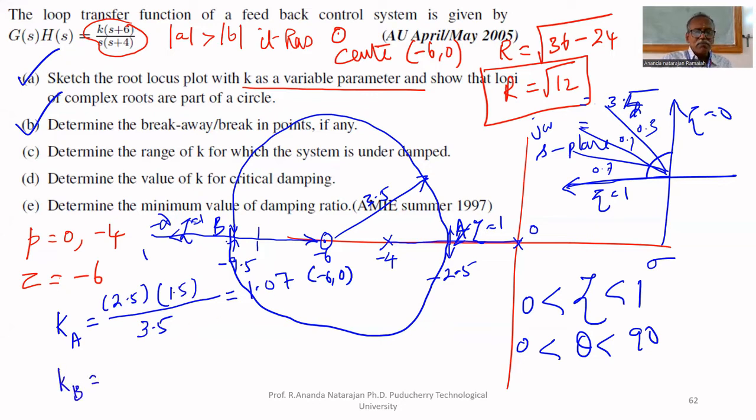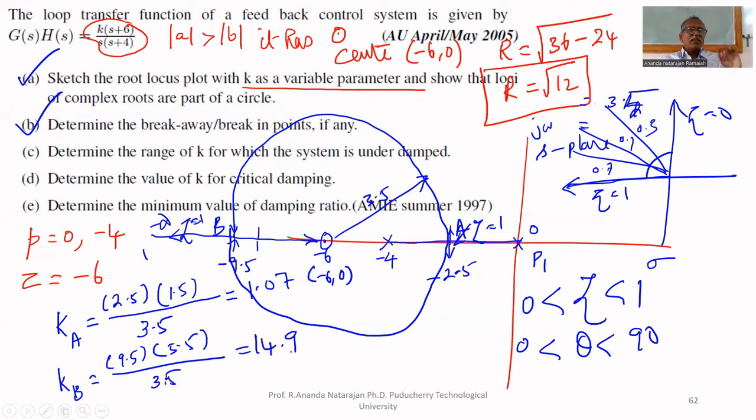The length from B to the first pole P1 is 9.5. 9.5 to another pole, that is 4. 9.5 minus 4, how much? 5.5. 5.5 divided by 9.5 minus 6, 3.5. That is equal to how much?